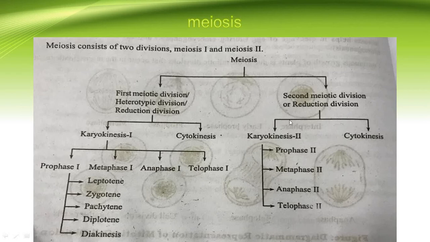Next we have meiosis 2. In the meiosis 2 also we have karyokinesis and cytokinesis. Karyokinesis 2 is the division of the nucleus, and cytokinesis is the division of the cytoplasm. In the karyokinesis 2 also we have prophase 2, metaphase 2, anaphase 2 and telophase 2.